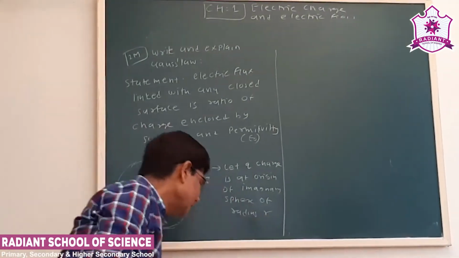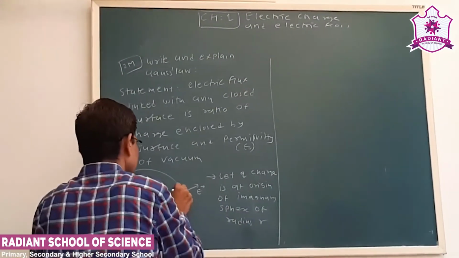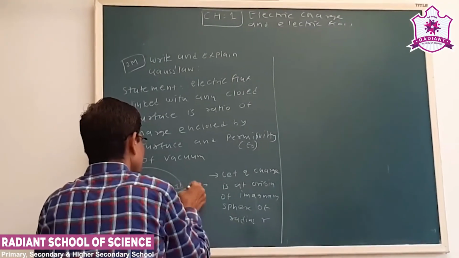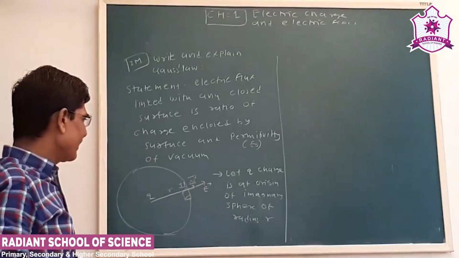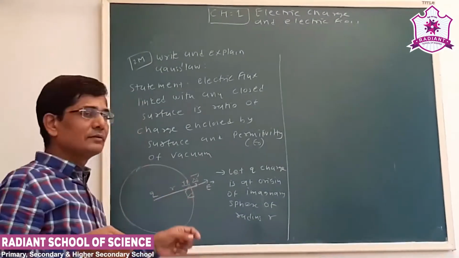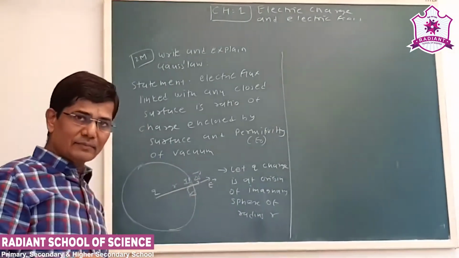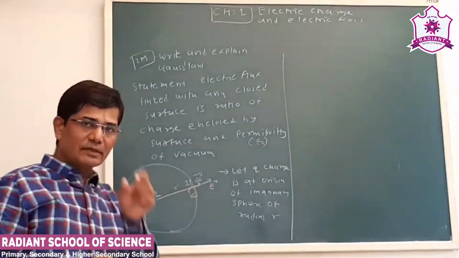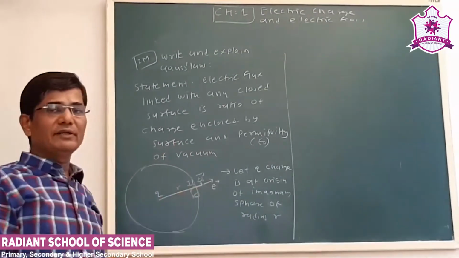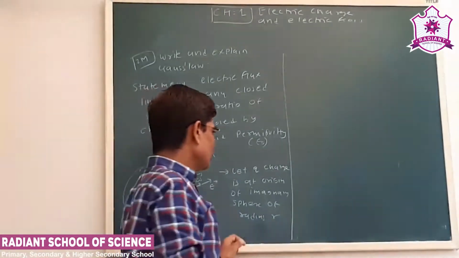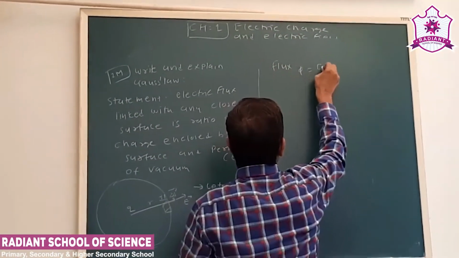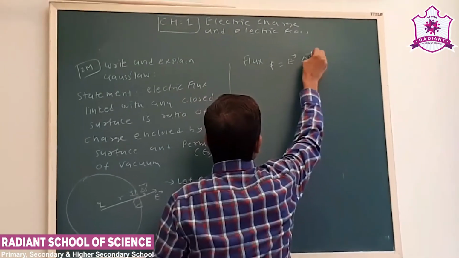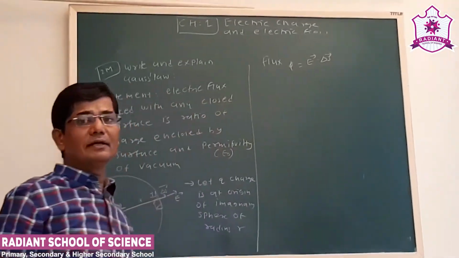Now we consider a surface area delta S. Here E and delta S are in the same direction. Delta S is nothing but a small area of this sphere under consideration. So here flux phi is E dot delta S.